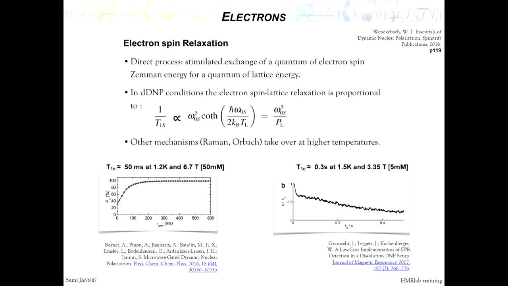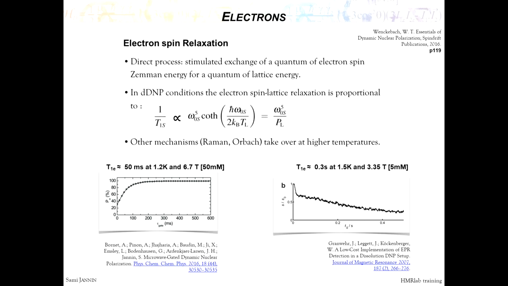Another important parameter of the electron is the relaxation. The literature on relaxation of electrons is really difficult. I really don't understand much about it. But it seems that there is a general agreement in the literature, by Abragam, Goldman, even today Vanderhaeghen, that the process that dominates below 4 Kelvin, so in our conditions at 3 to 7 Tesla, is called the direct process.